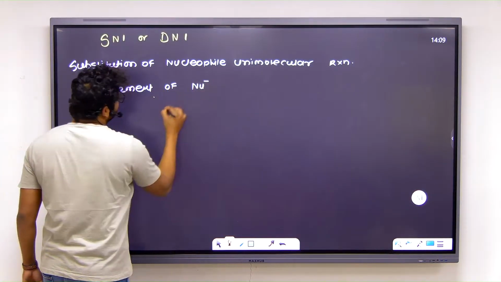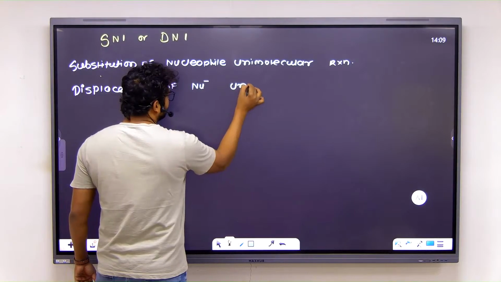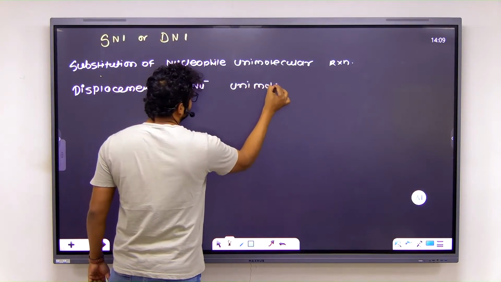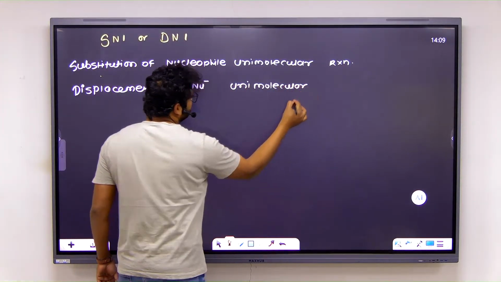Displacement of what? Nucleophile. Again, a unimolecular reaction.